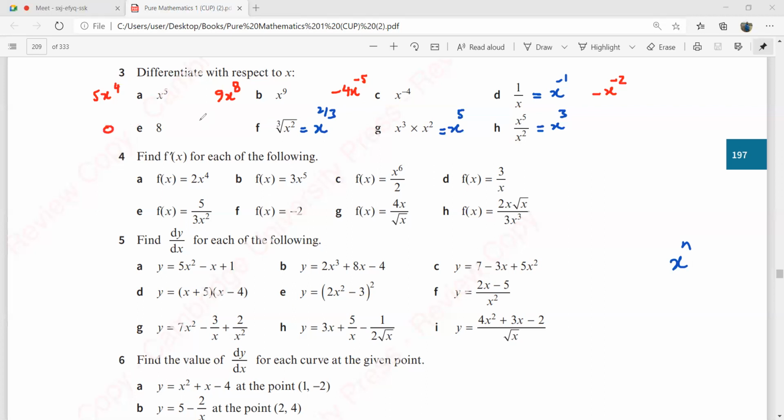This one is going to be 2 by 3, and what is 2 by 3 minus 1? You should be very good at it. That is going to be minus 1 by 3. So the power on this is going to be minus 1 by 3. This one is going to give you 5x raised to power 4. And this one is going to result as 3x squared.